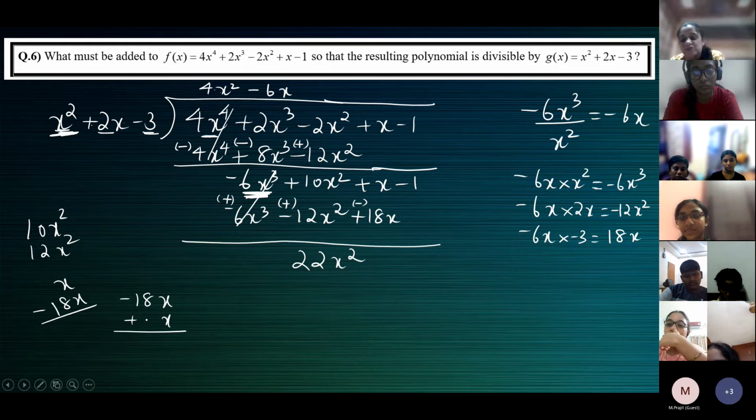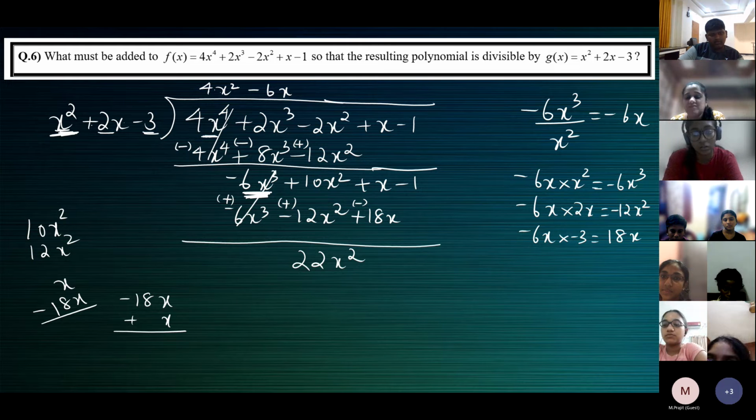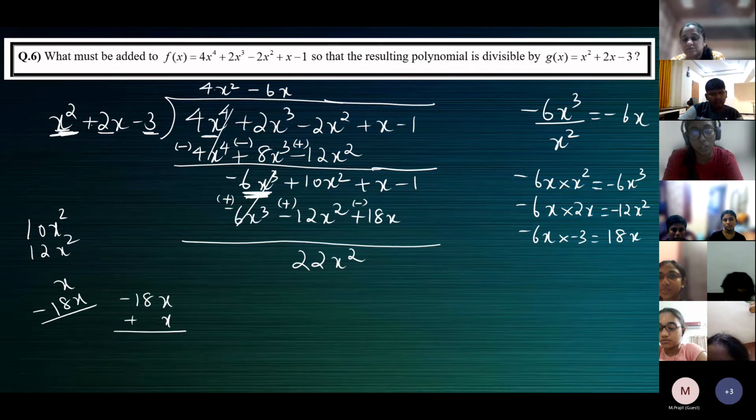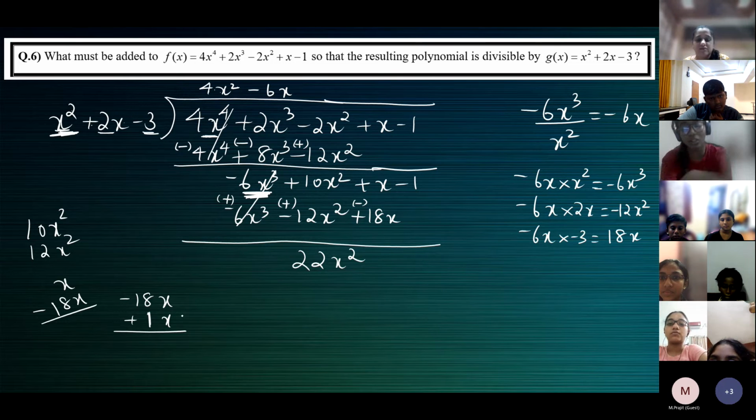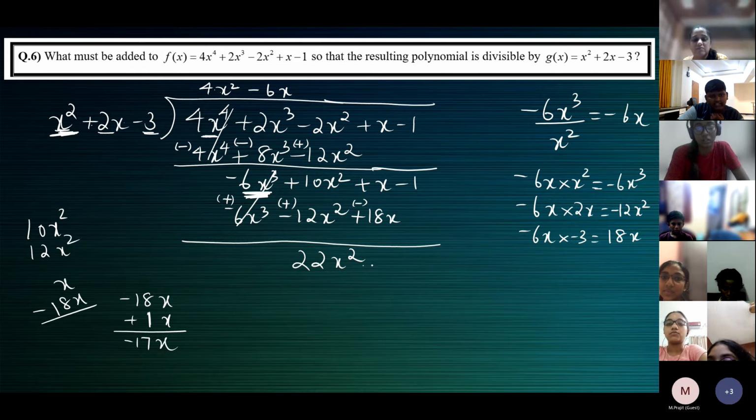What is the coefficient of x? It's 1x. X means 1x. So minus 18 plus 1 is minus 17. Minus 17x.